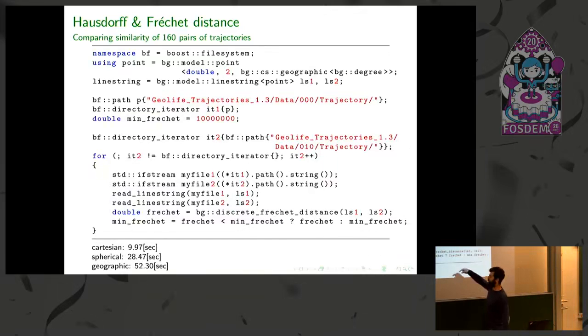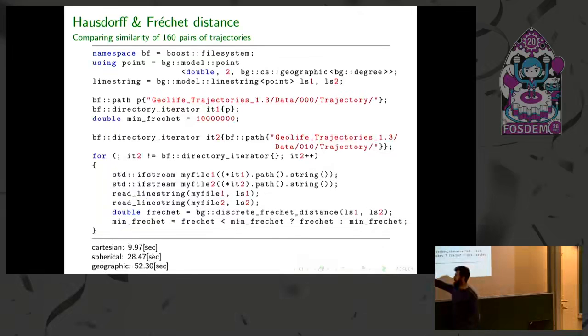I perform this computation to find the minimum Fréchet distance. Given one trajectory, I'm trying to find, in a set of 160 trajectories, the most similar one.